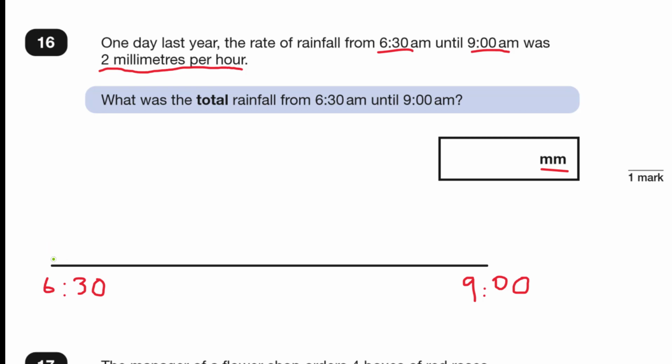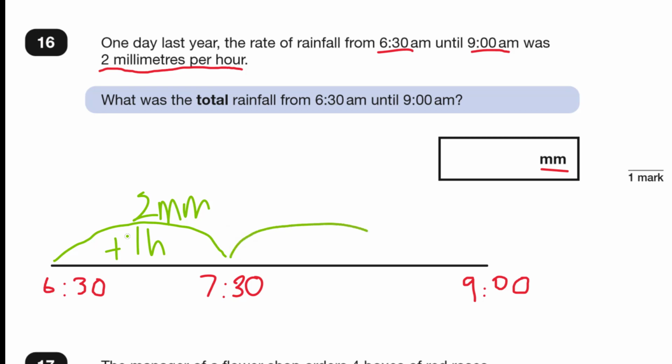We could say, 2 millimeters in an hour, 1 hour. So the time there then would be 7:30. Let's now do another 2 millimeters, 2 millimeters in the hour. That takes us to 8:30.